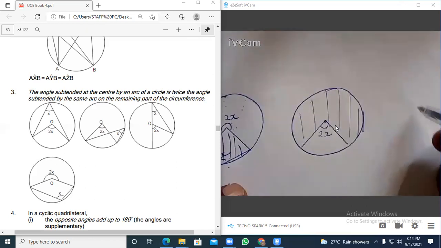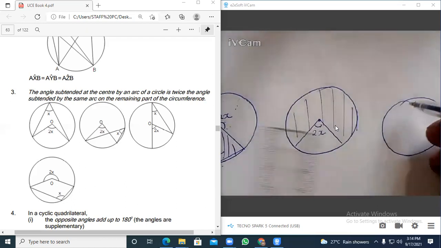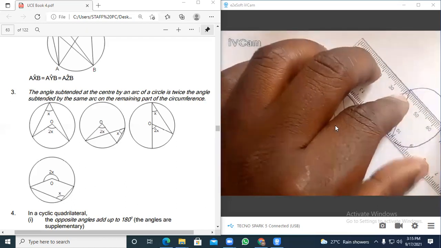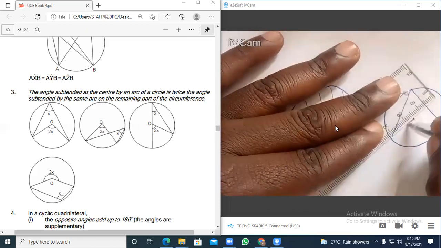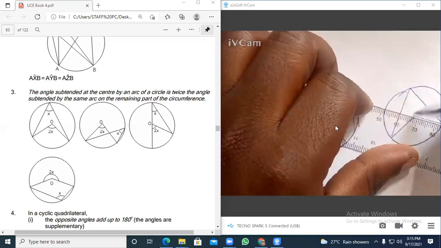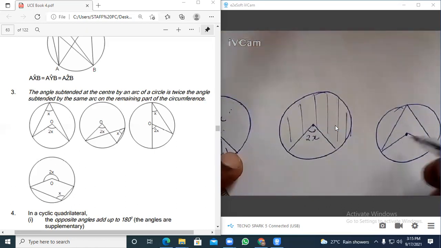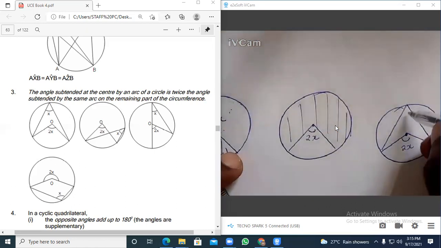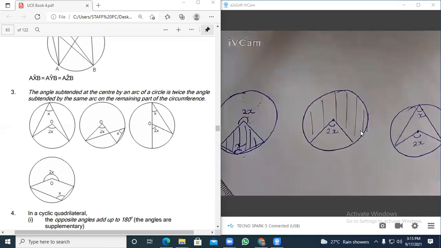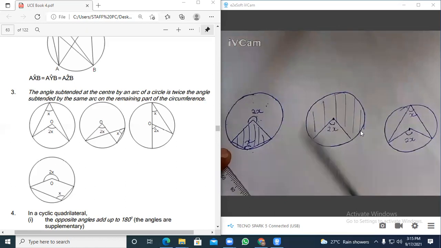But what we have is this one, where we have this and this, and the center here. So if 2x is this side, then the angle is this side, x. So I want you to see the difference in that case, that if the 2x is this side, then the angle x is this other side.